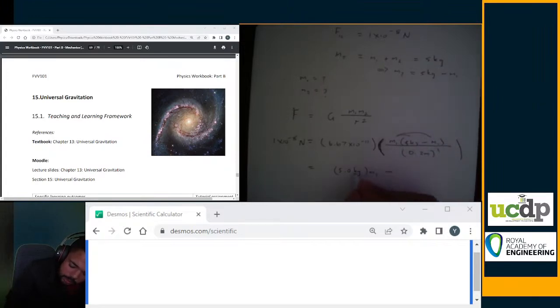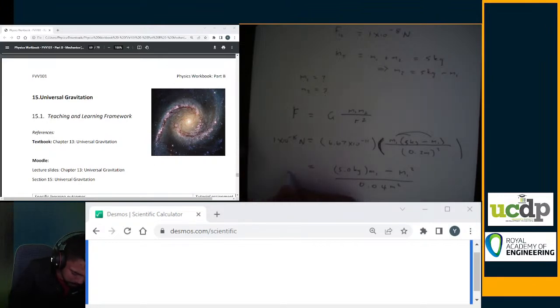This is just 5 kilograms multiplied by M1, minus M1 squared, over 0.04 meters squared.